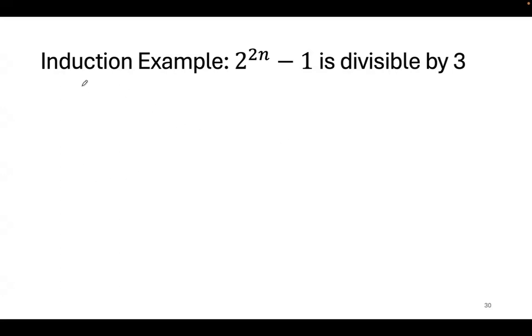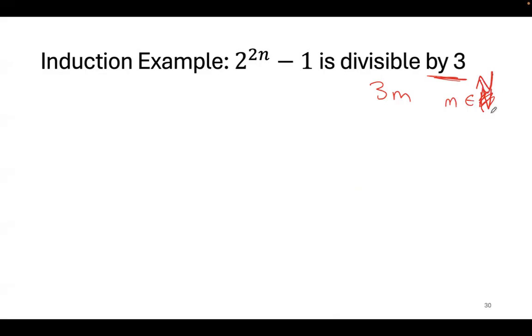Just to note what divisible by 3 means, remember when we were working with 2n? Divisible by 3 means we can represent it as 3 times some number m, where m is in the natural numbers. I always mess this one up.